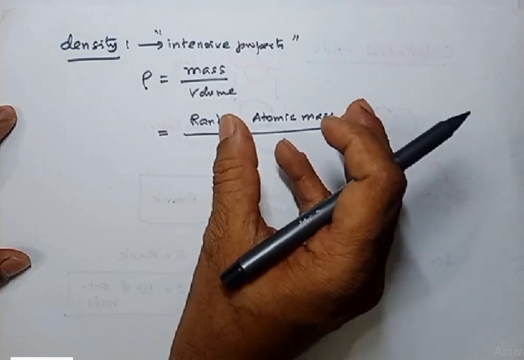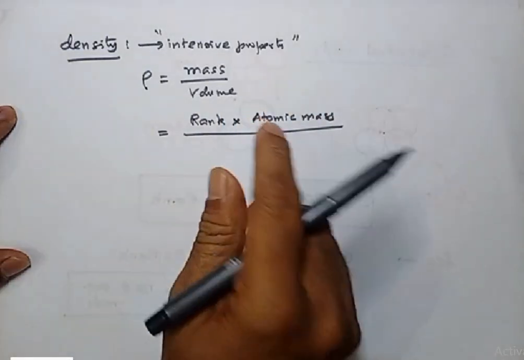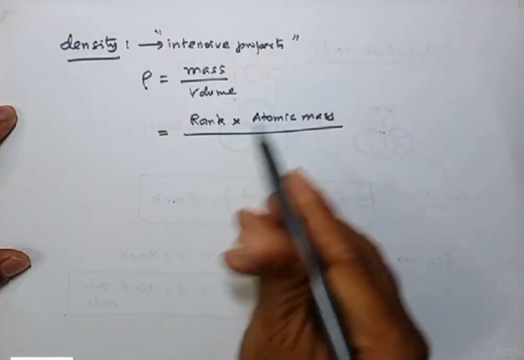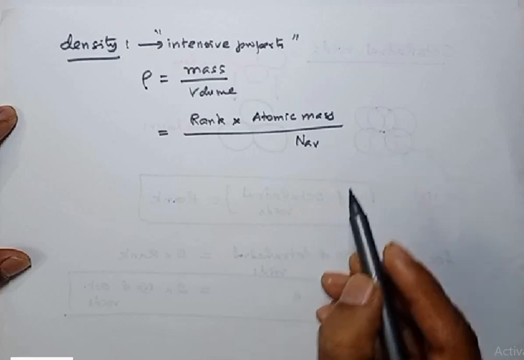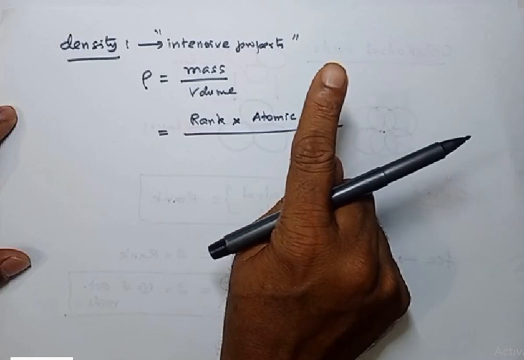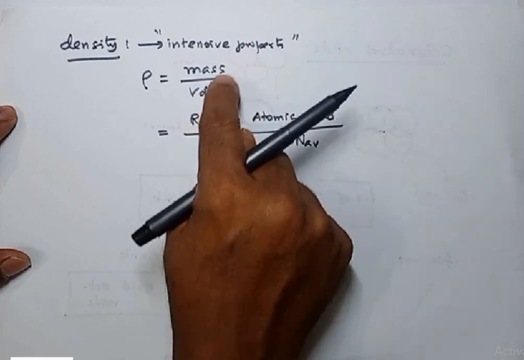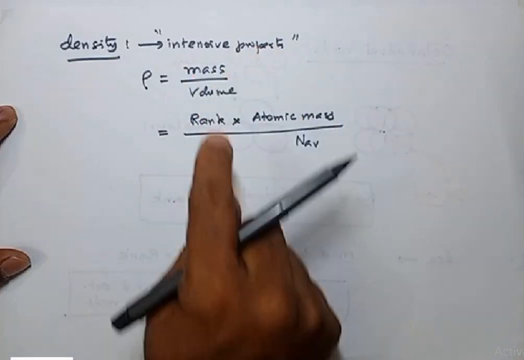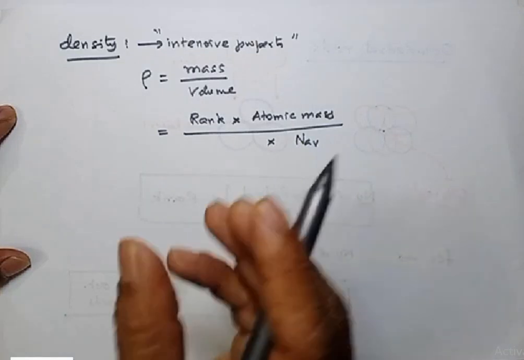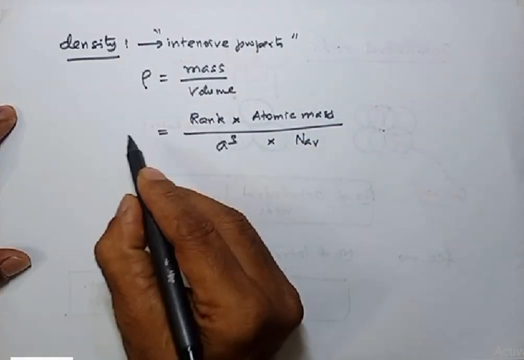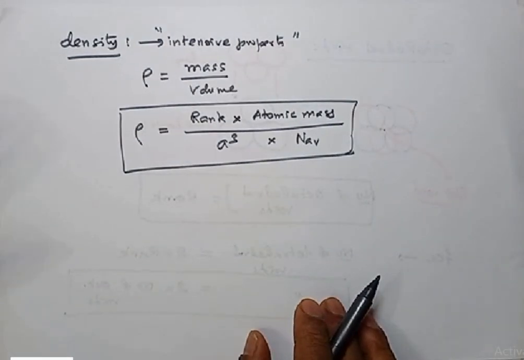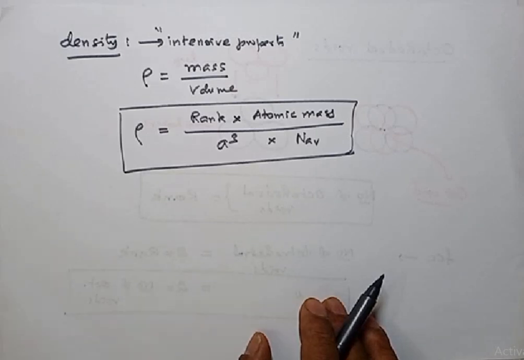Atomic mass means mass of 1 mole of atoms. But we want the mass of 1 atom, so divide this value by Avogadro number. Atomic mass by Avogadro number gives the mass of 1 atom, into rank gives the mass in 1 unit cell, divided by the volume of the unit cell. Suppose you take a unit cell as a cube, then a cubed gives the volume. Take note. This is the formula we use to calculate density of the crystal. Take note carefully.